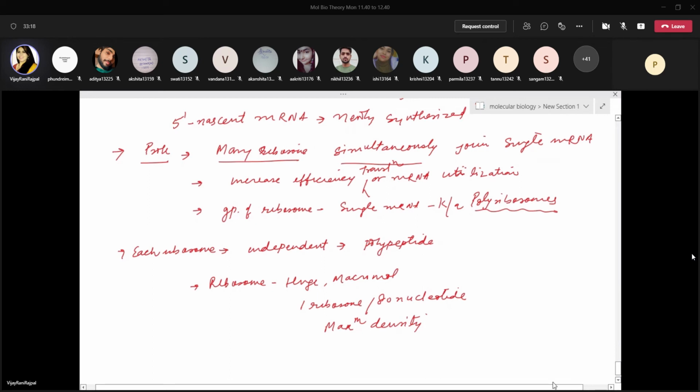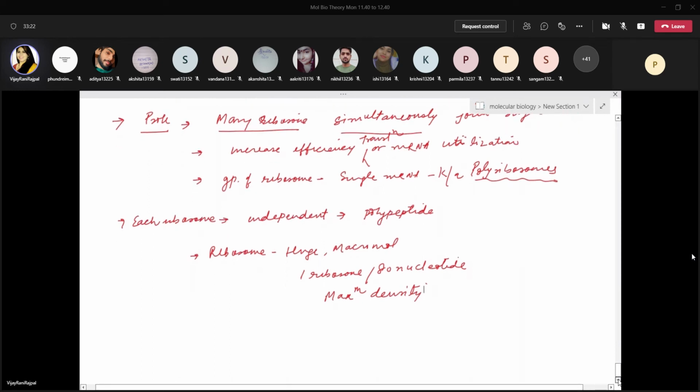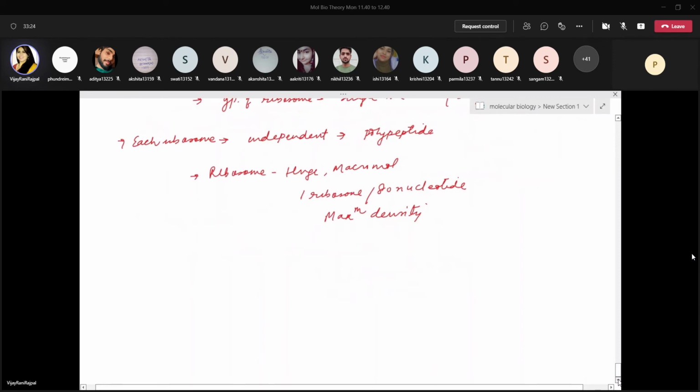So only after 80 nucleotides of mRNA, another ribosome can sit, because that much space of nucleotides is occupied by a ribosome. Polyribosomes are also known as polysomes. Many ribosomes that are associated with a single mRNA molecule.